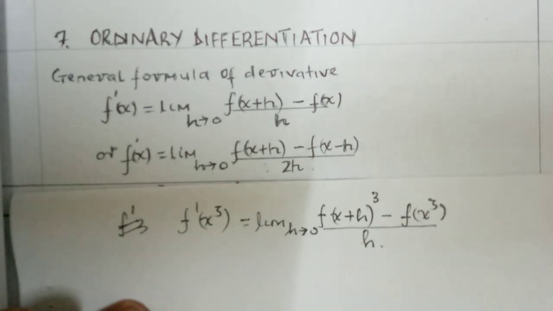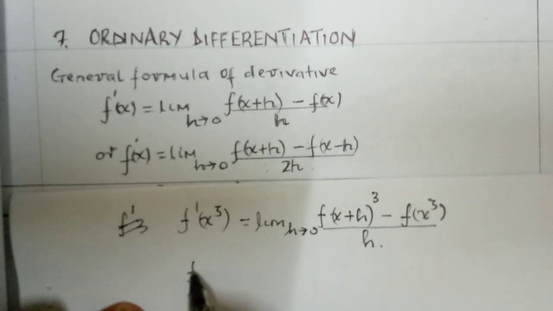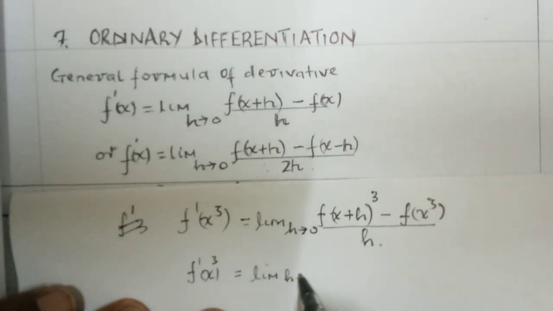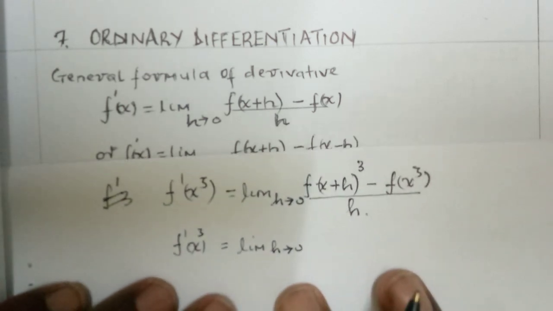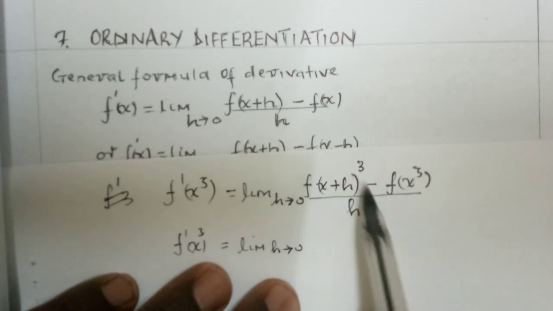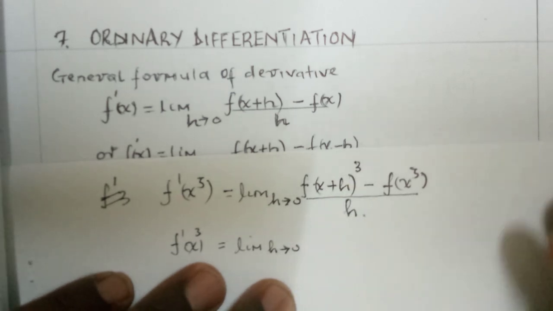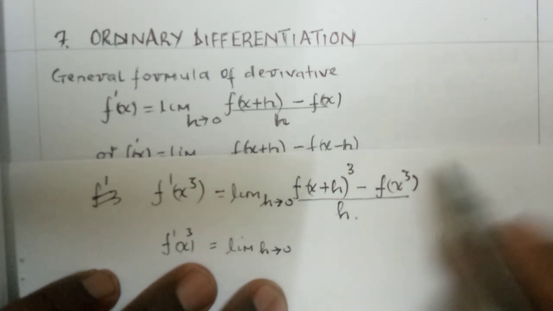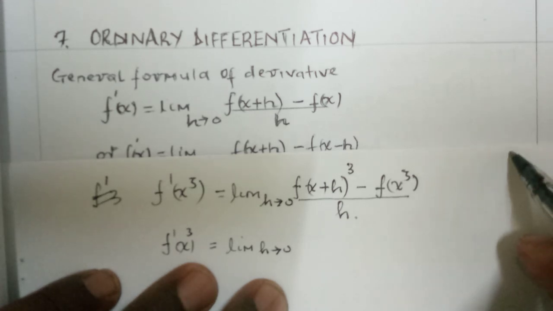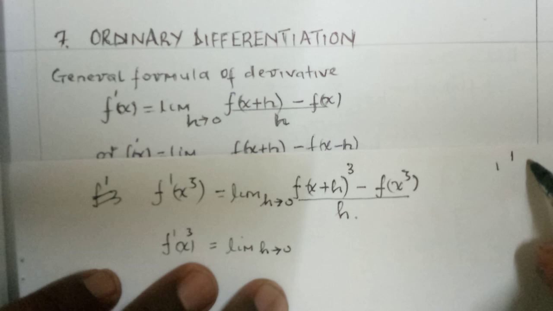We continue. We now use the binomial theorem to establish (x plus h) cubed. Of course, we all remember the binomial theorem. We can use the Pascal triangle, which is like this.